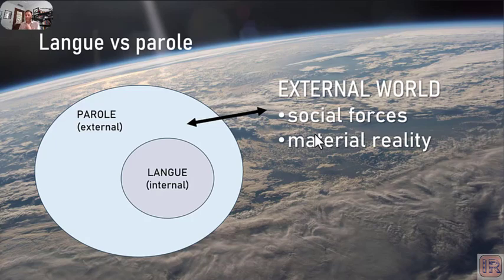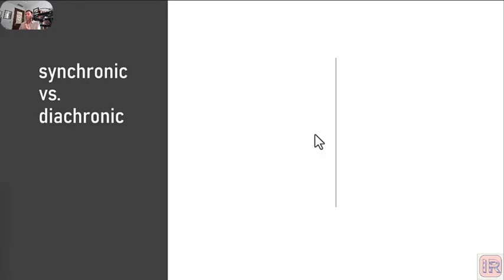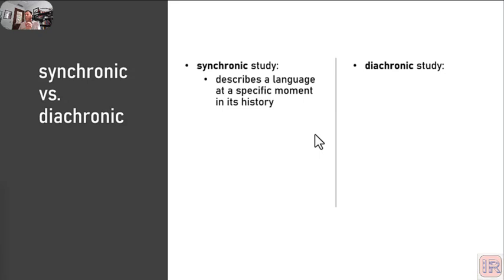One of the ways that was developed to study language, a new way in the 20th century that was crucial, was the development of the synchronic study as opposed to the diachronic study of language. Synchronic study refers to studying language at a specific moment in its history. You can think of it as like a still or a snapshot of language.